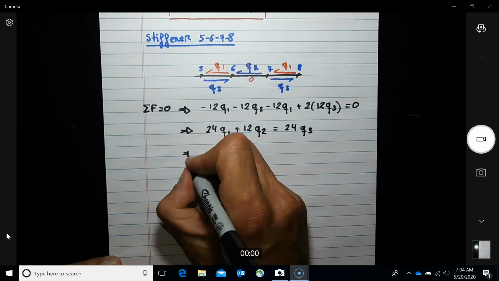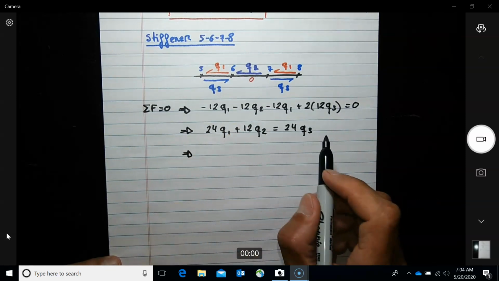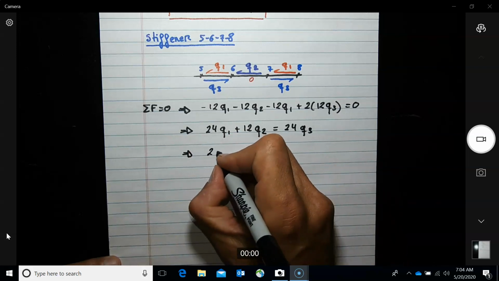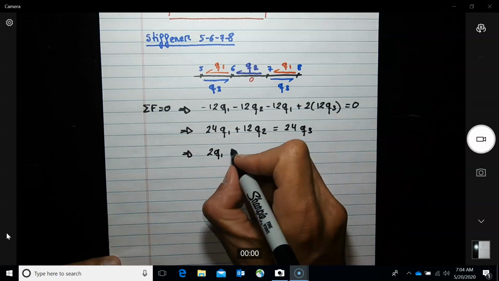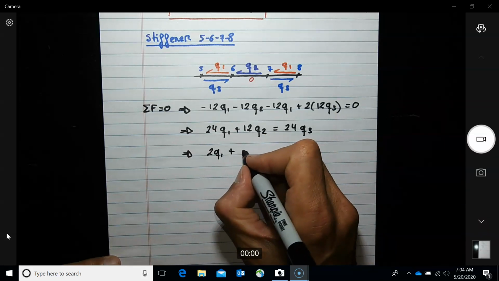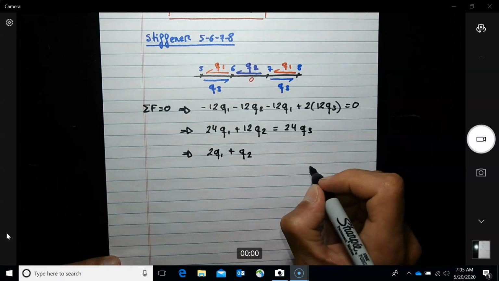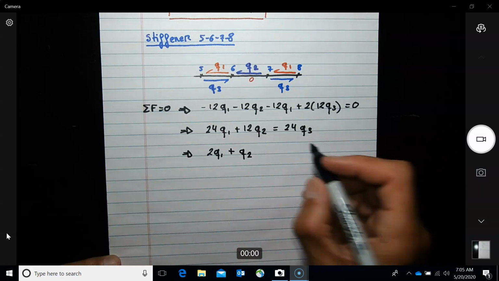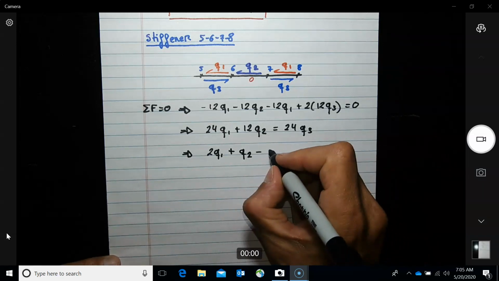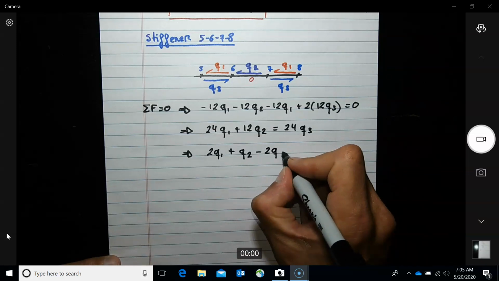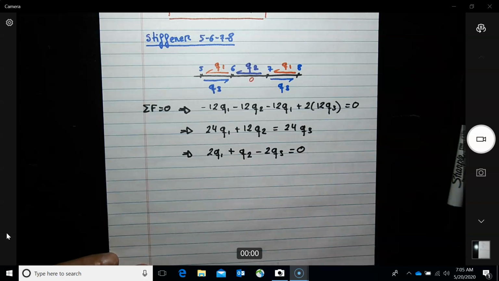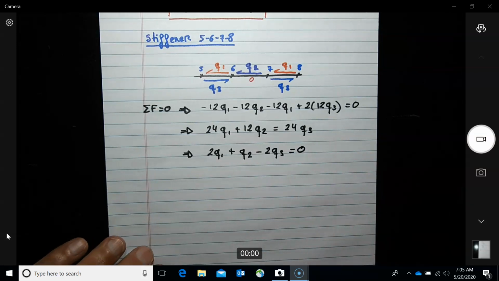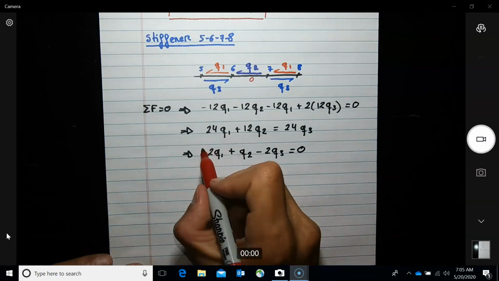So we can find a second equation relating Q1, Q2, and Q3. That would be 2Q1 plus Q2 minus 2Q3 equal to 0. And this will be our equation 2.